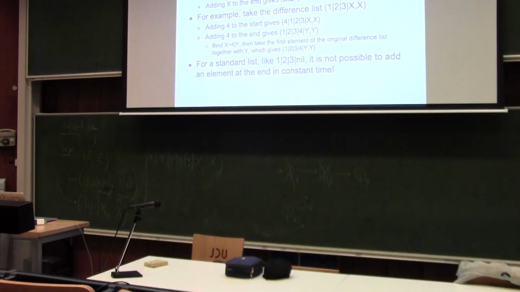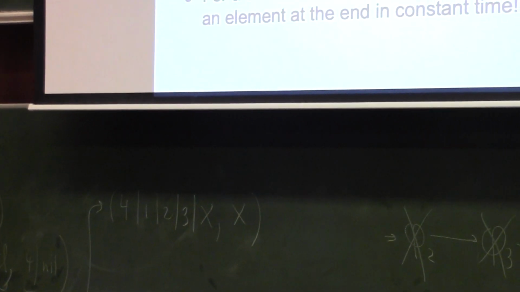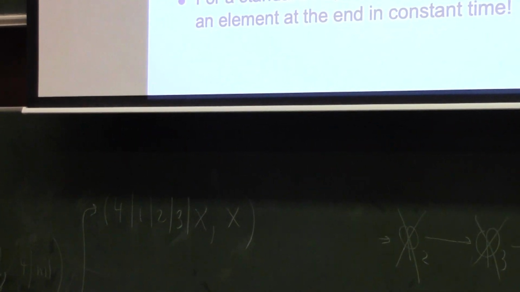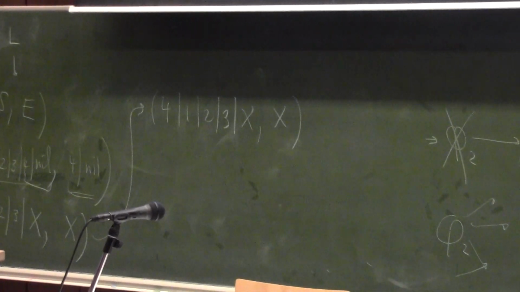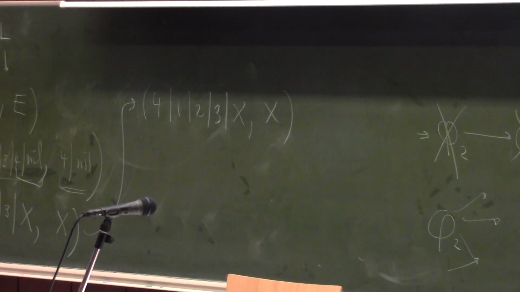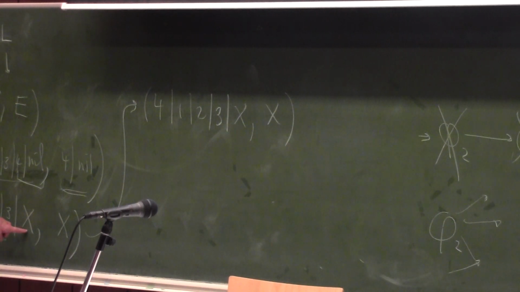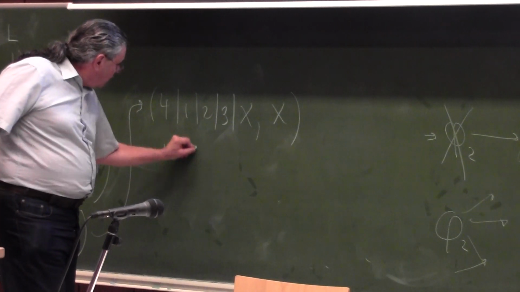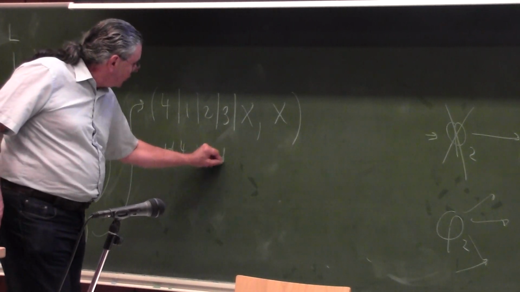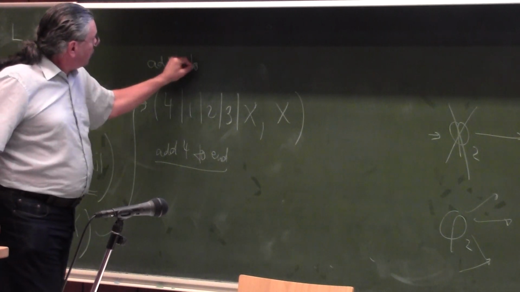But how can I add 4 to the end? What I want is something like 1, 2, 3, 4, Y, comma Y. So if I want to add 4 to the end, I will bind X. Here I'm adding it to the beginning, to the start.